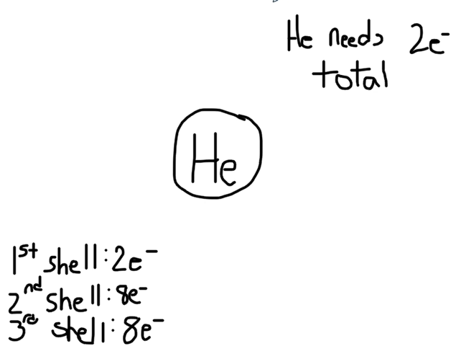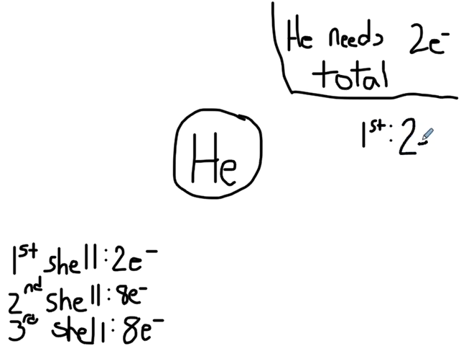This time, though, helium only has 2. So how many shells are we actually going to need? Well, the first shell can hold a total of 2, and that's all I have. So my first shell is going to have 2 electrons, and then I'm actually done with this model.